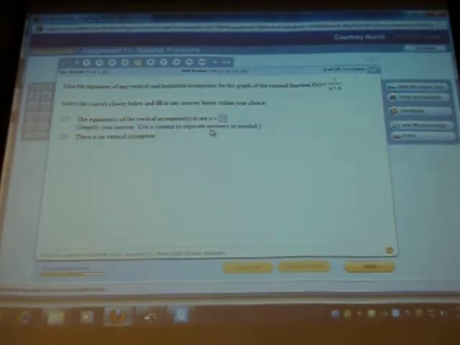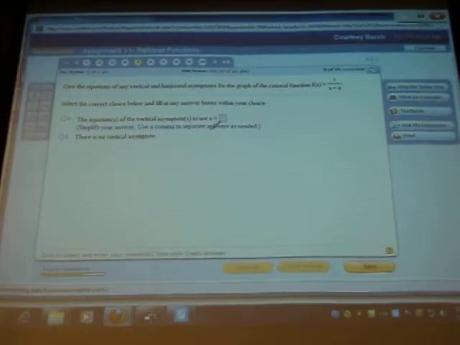Okay, so how do I find my vertical asymptote here? You need to find the domain, right? Vertical asymptotes are related to the domain. So to find the domain, I want to say x minus 4 cannot be 0.